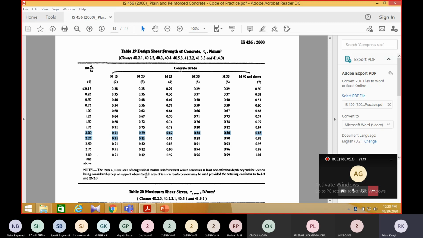If you cannot decide on your own, depending upon the value, you can just do the interpolation as we have done in the previous design, that is in the design of singly reinforced rectangular section beam. You can do the similar calculation. So for 2.24, we are considering the tau c value equal to 0.81.